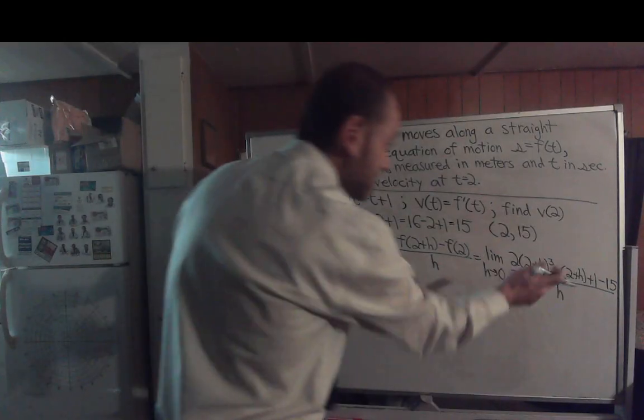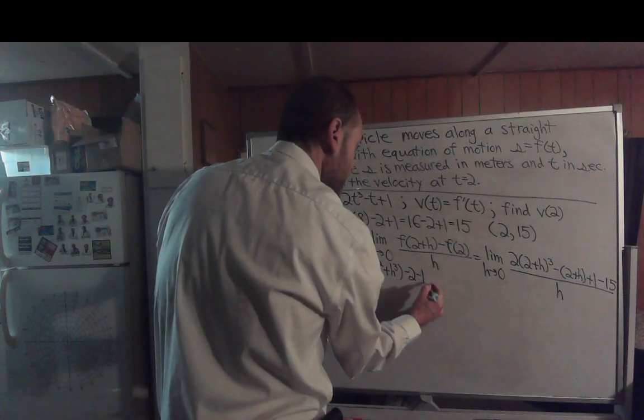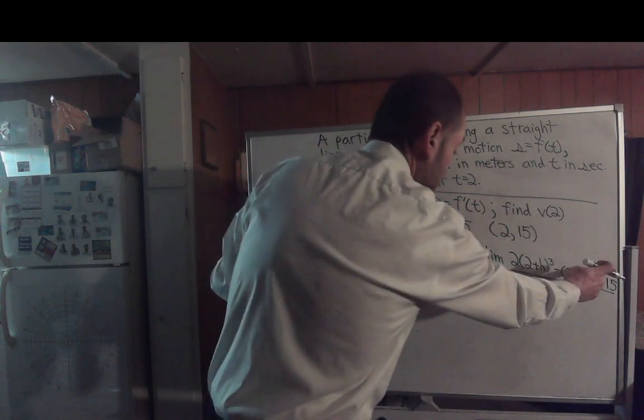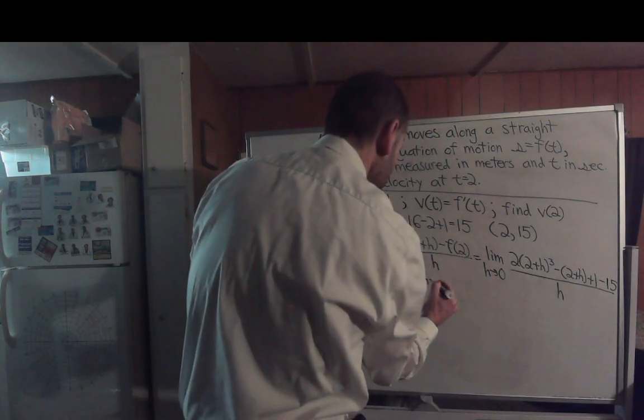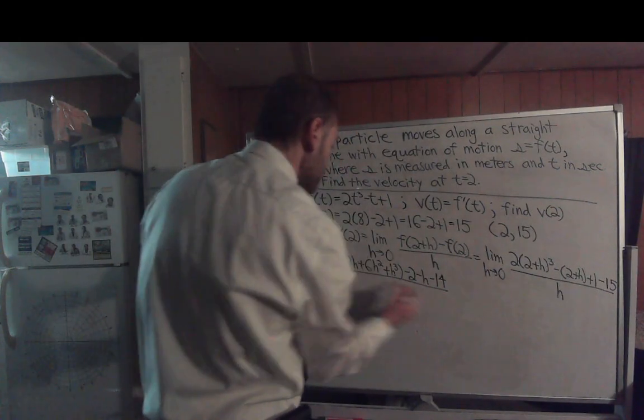All right, then minus the quantity of 2 plus h, that'd be minus 2 minus h, plus 1 minus 15, well, that'd be minus 14, all over h.